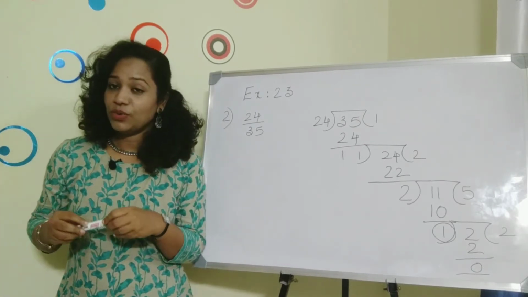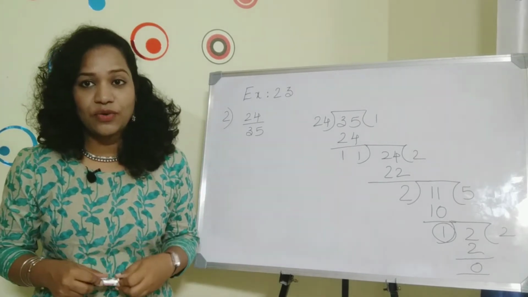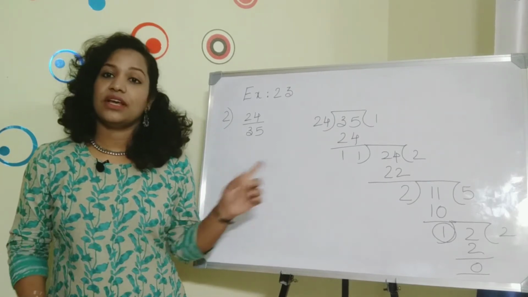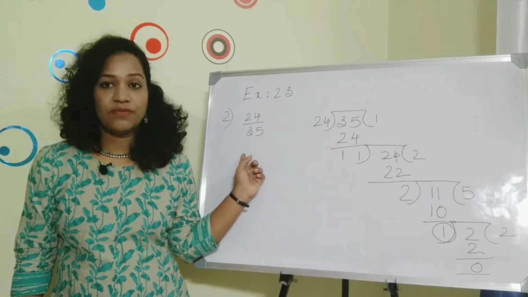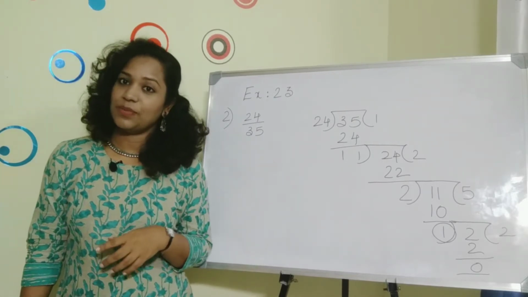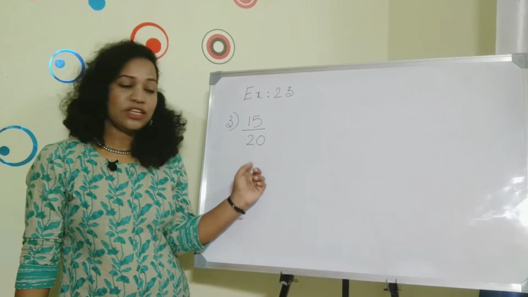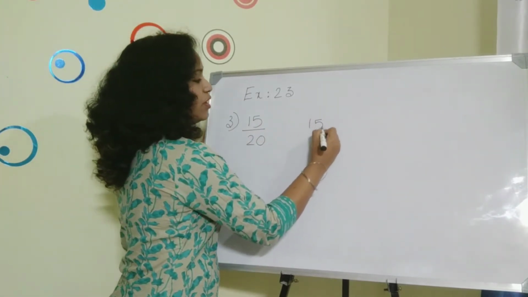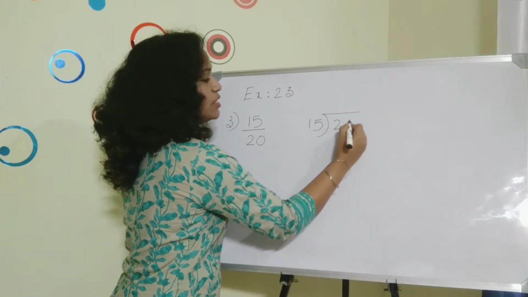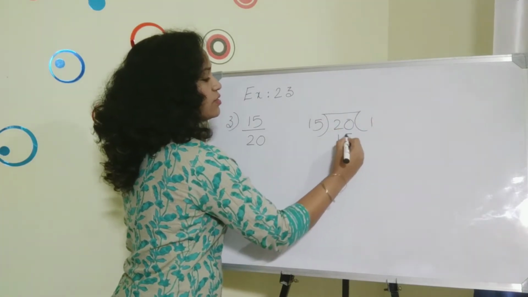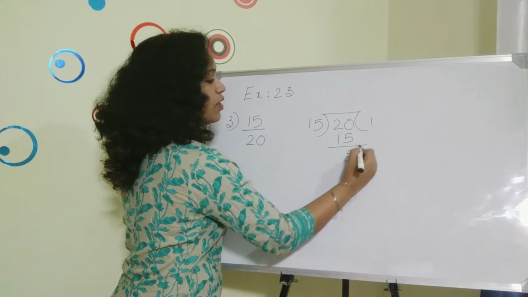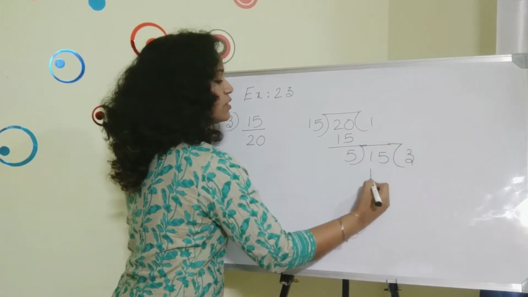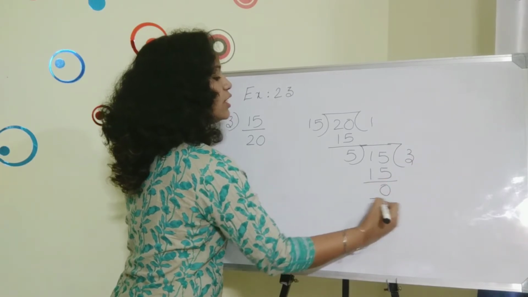So what should we do? We have to find out the HCF of the numerator and the denominator first. If the HCF is 1, the given fraction is in its simplest form. Let's find out the HCF of 15 and 20 quickly. 15, 20, only once, 15, 5, 15, 3 times, 15, 0.